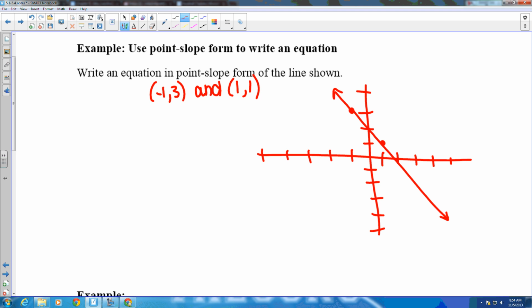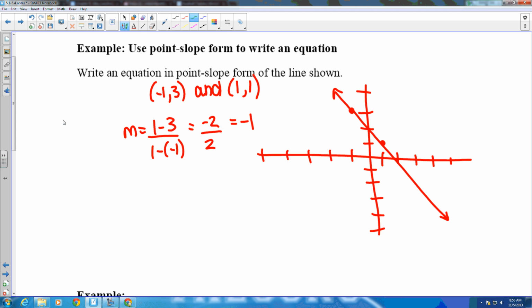Okay, those are our 2 points. So first we need to identify what the slope is. M equals 1 minus 3 over 1 minus -1, which is -2 over 2, or -1. So we figured out the slope.